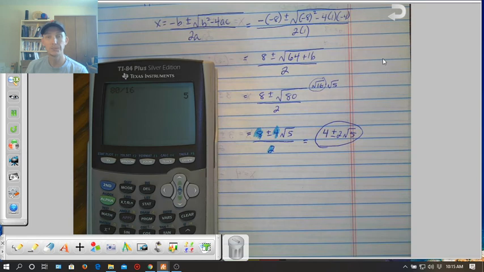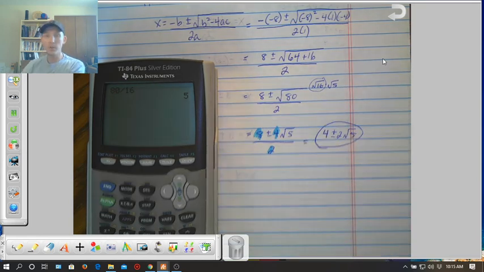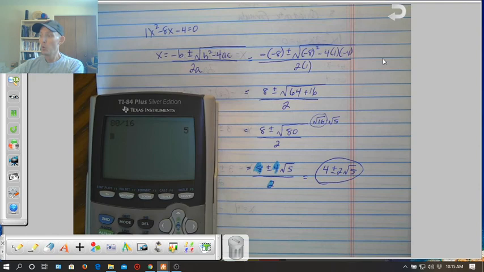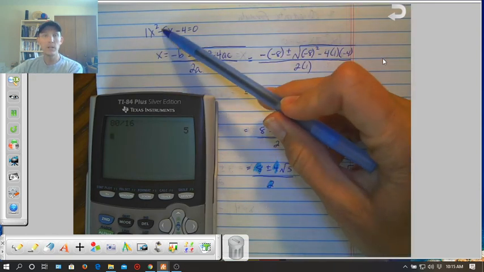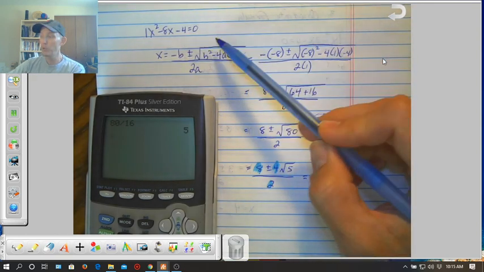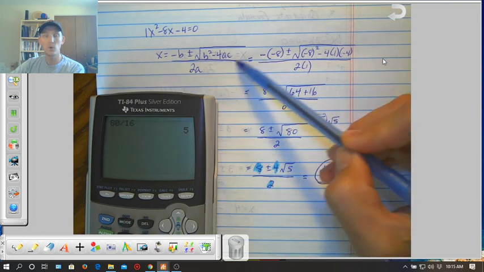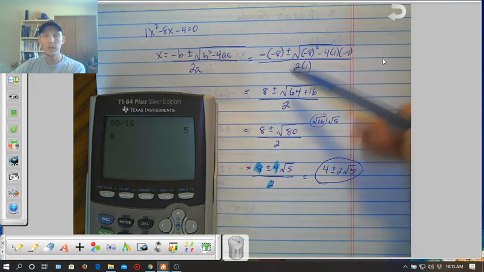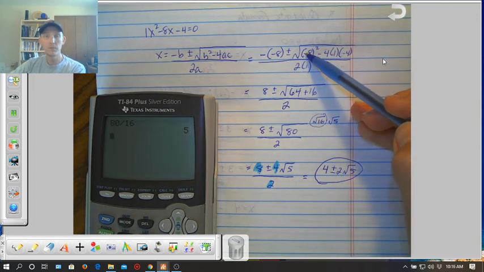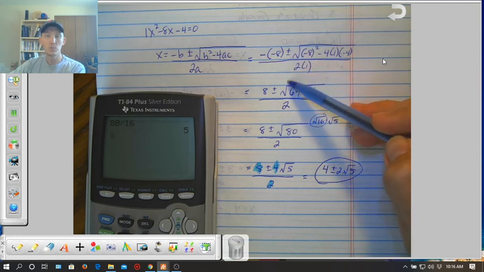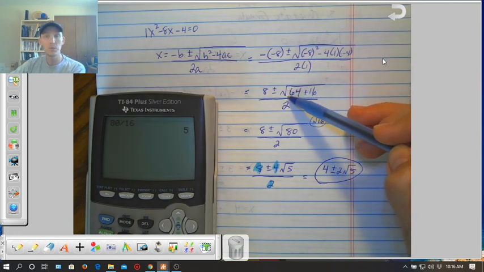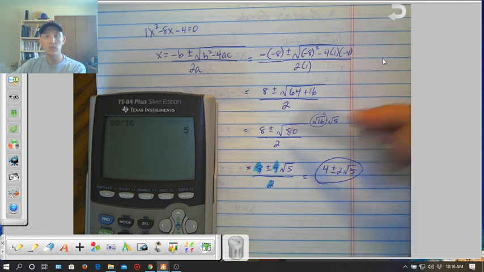So let's recap briefly what we did. We took the a, the b, and the c, and we plugged those numbers into the quadratic formula. Once we plugged that in, we solved and simplified each of these terms until we got down to the radical.